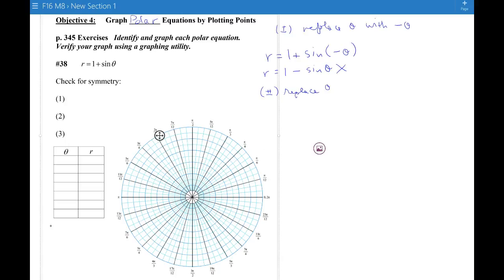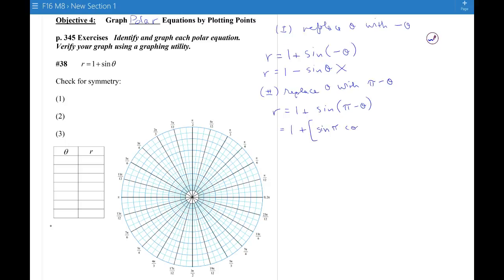So replace theta with pi minus theta. Okay, so we'll have r equals 1 plus sine of pi minus theta. And here's a handy dandy place to use your identity that says, oh, that's sine pi cosine theta minus cosine pi sine theta.